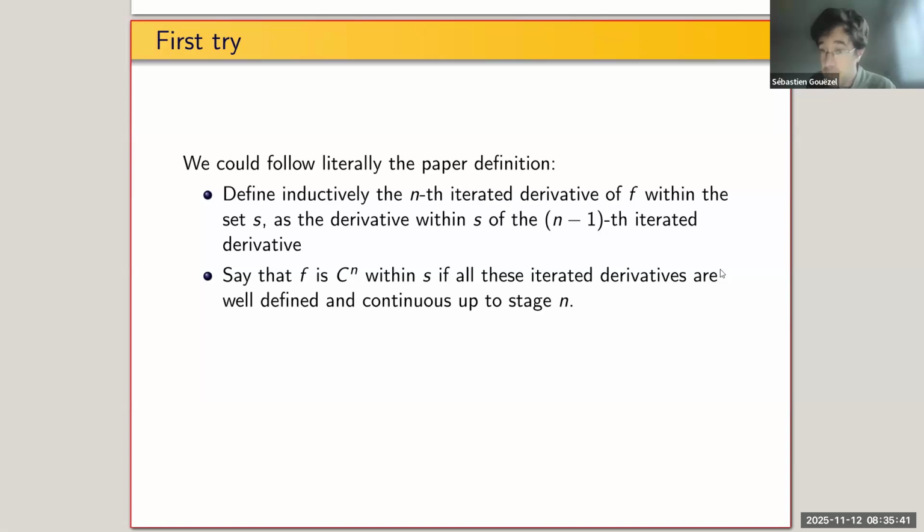I showed you the function f derivative within before. So I could define inductively the nth iterated derivative of f within the set S as a derivative of the n-1th iterated derivative. And once you have that, you could say that f is Cn within S if all these iterated derivatives are well defined and continuous up to stage n.